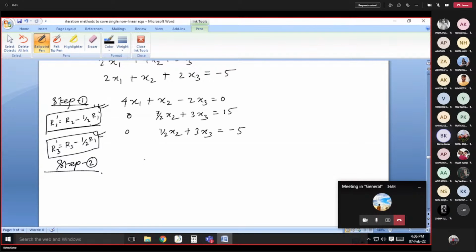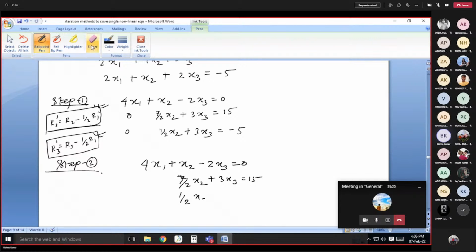In step 2, up to the second equation unchanged. X1 plus X2 minus 2X3 equals to 0. This is 7 by 2 X2 plus 3X3 equals to 15, and half X2.